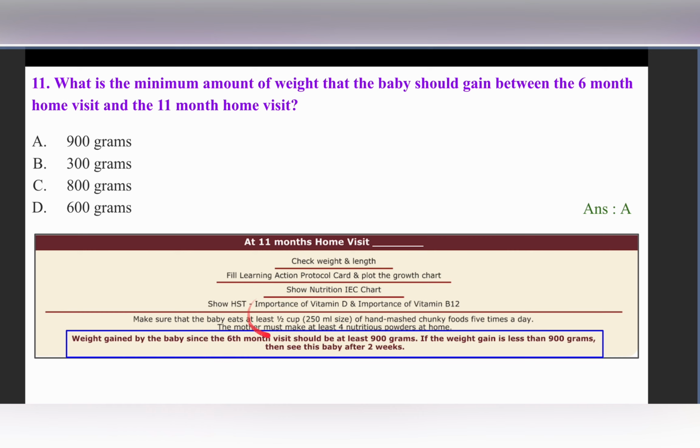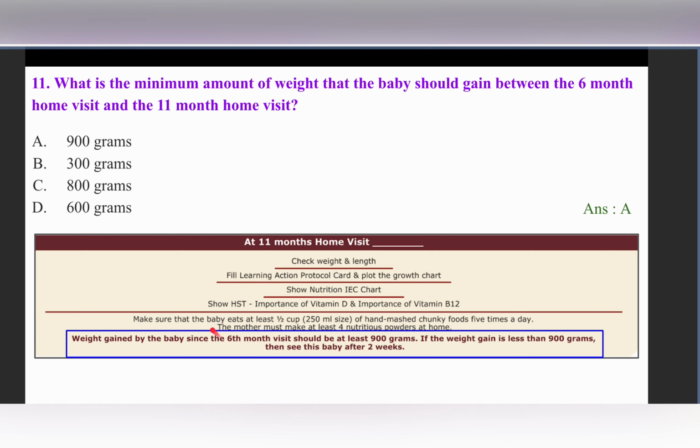Apart from that, the baby's nutritional requirement is around 125 ml of hand mashed chunky food, 5 times a day, right? And also 4 nutritious powders. And apart from that, from 6-month visit, it should be at least 900 grams, right?